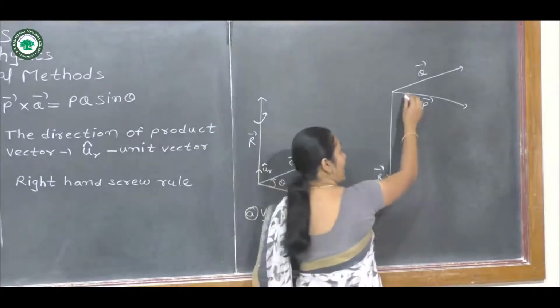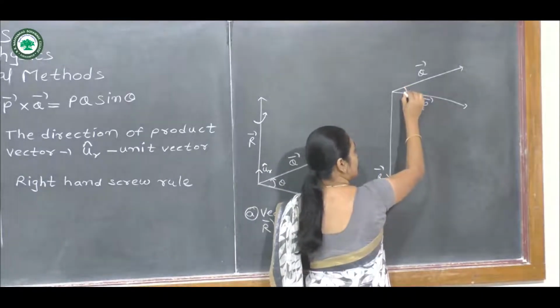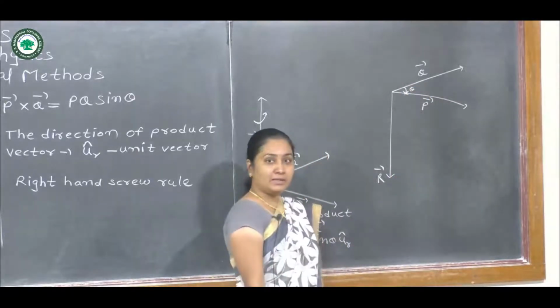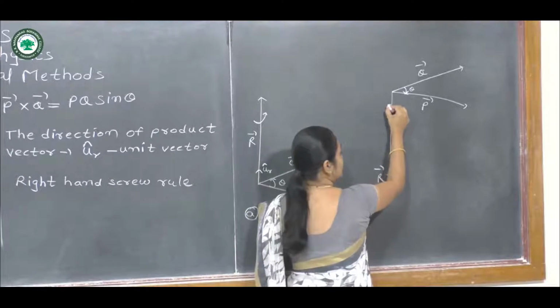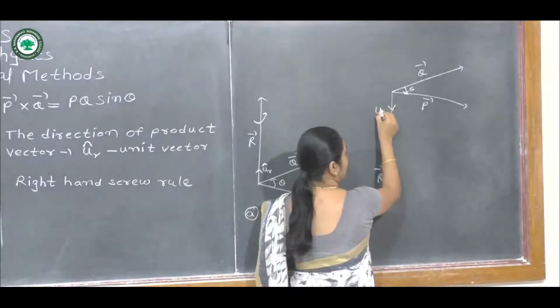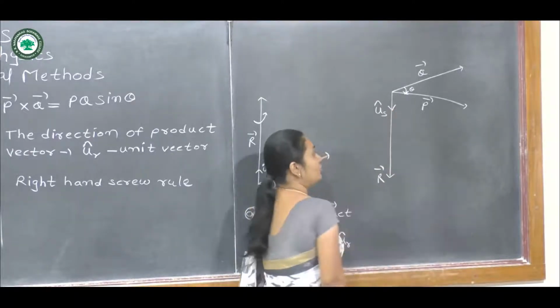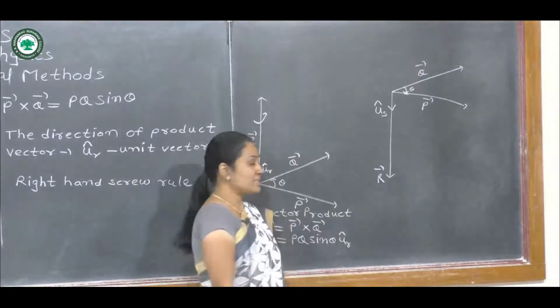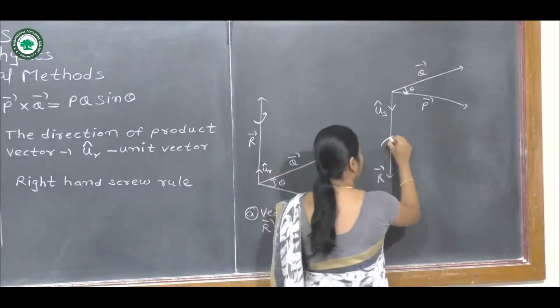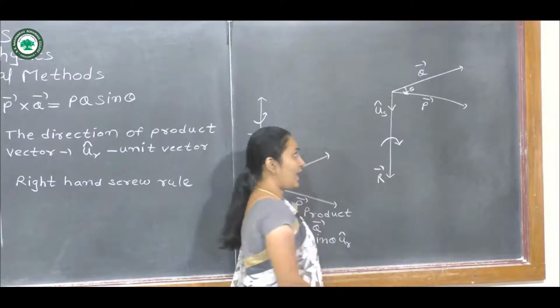The smaller angle is theta, then the direction is shown by unit vector US cap, rotating like this.